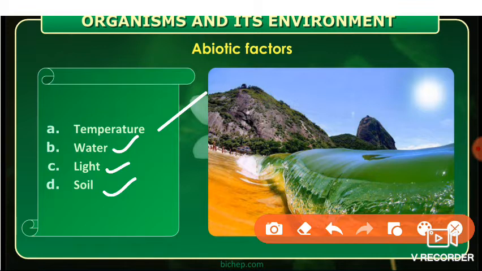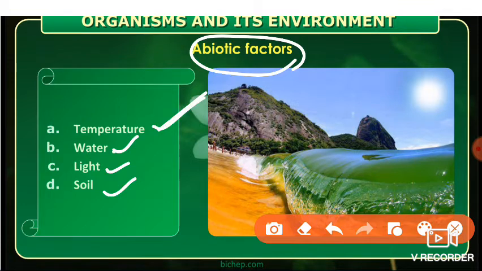These are the four major abiotic factors we are studying in this chapter, their importance and how they are helpful for living organisms.